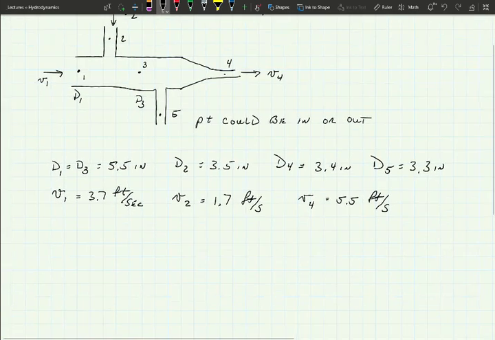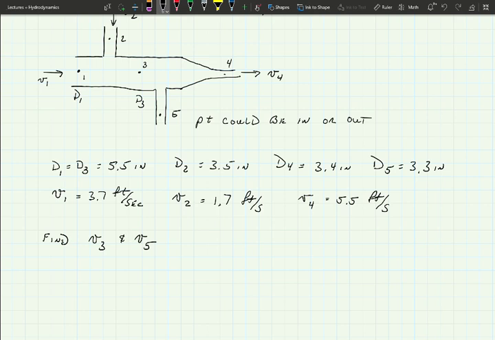And what we're interested in is this. Find V3 and V5, and flow.